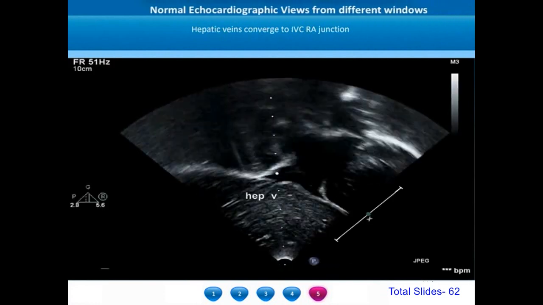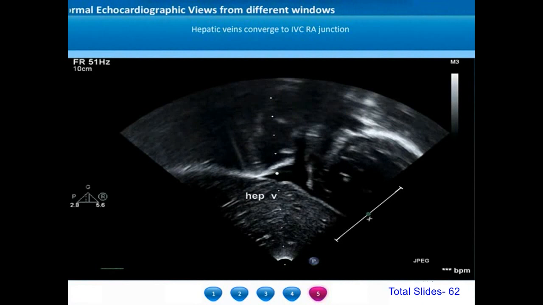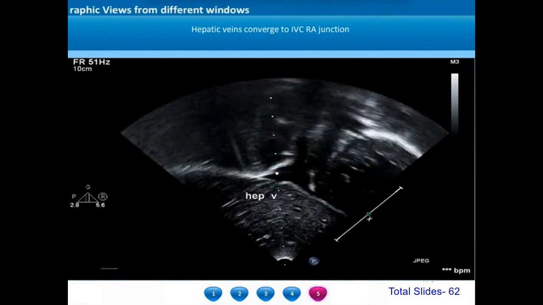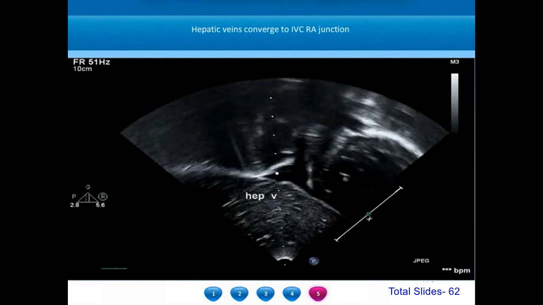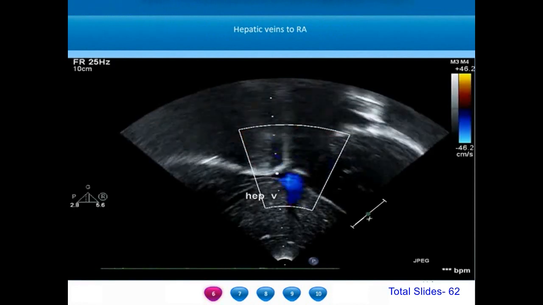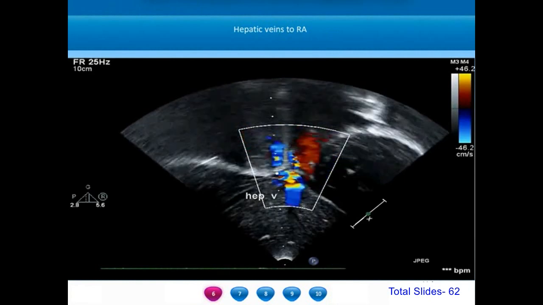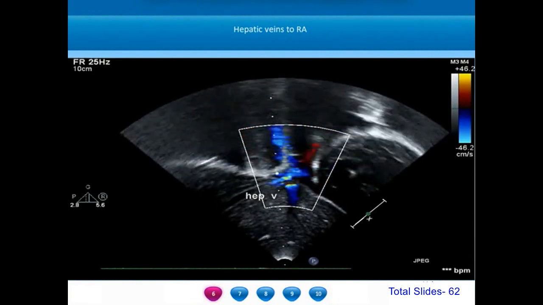When we sweep the transducer a little superiorly, we will see the hepatic veins converging towards the inferior vena cava. The normal inferior vena cava and hepatic veins should have an inspiratory collapse.